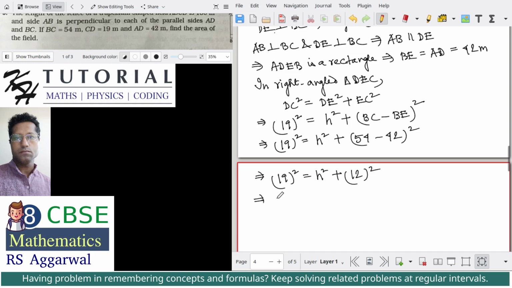Now this means H square is equal to 19 square minus 12 square. Using the formula of A square minus B square, this will be 19 minus 12 multiplied by 19 plus 12. 19 minus 12 is 7 and 19 plus 12 is 31.